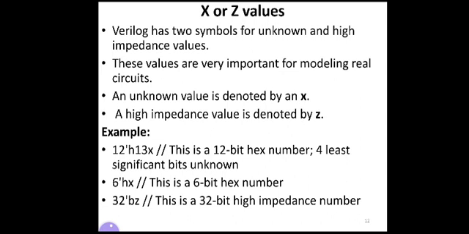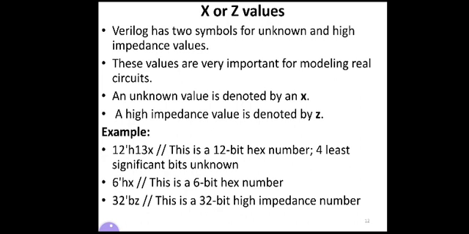Until now we have used numbers and alphanumeric digits like A, B, C, D, E, F. Other than these, values are also available, as we are modeling real digital circuits. In real digital circuits we may have some unknown values or also high impedance values, and those can also be modeled. That's why X or Z values can be used here. Verilog has two symbols for unknown and high impedance values.